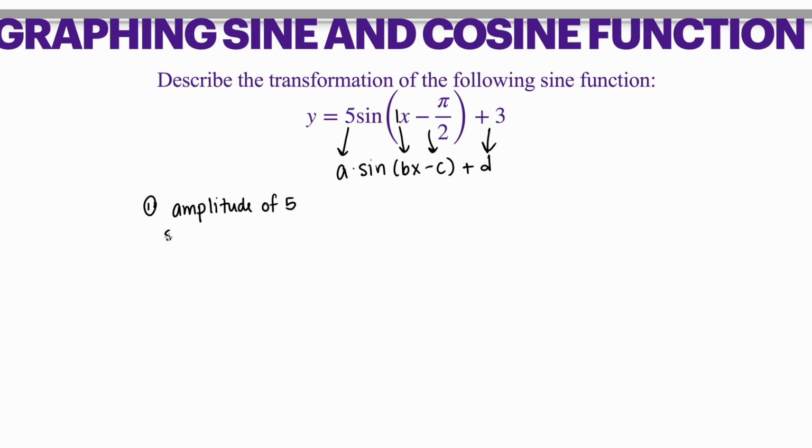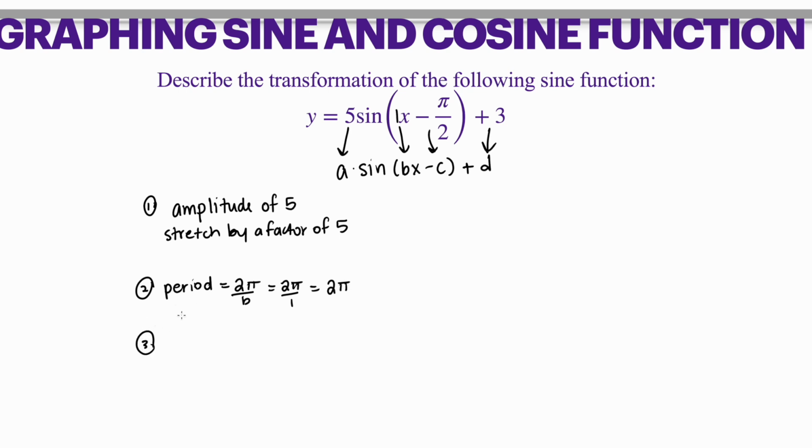Or you could say that it will stretch by a factor of 5, either one. The second part is going to be the horizontal stretch. The period is what you're looking for, which is going to be 2 pi over b. And because b is 1, that means the period is 2 pi, which is what it's normally. The original parent function is going to be 2 pi.